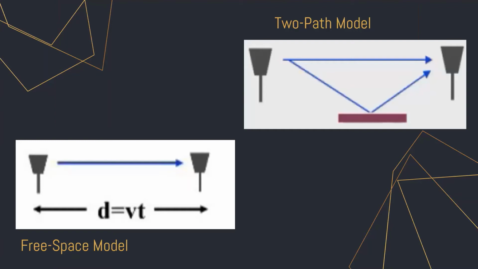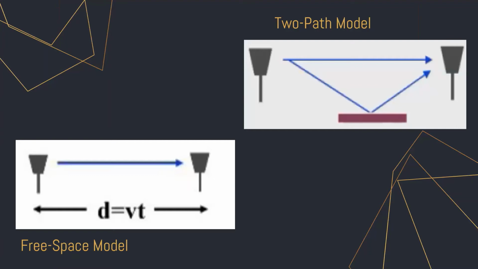In general, the free space model characterizes that power falls proportionally to the inverse of distance squared. It is proportional to the wavelength squared, and inversely proportional to the frequency squared, caused by the effective aperture of the antenna. And on the right side, the two-path model.